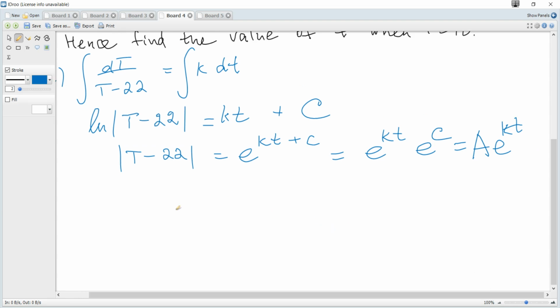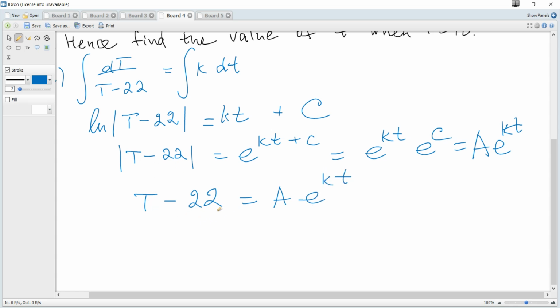And how do we get rid of this absolute value? The absolute value is a when a is positive and negative a when it's negative. If T minus 22 is positive, it just becomes T minus 22 is A e to the power of kt.